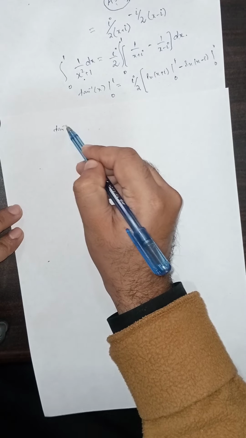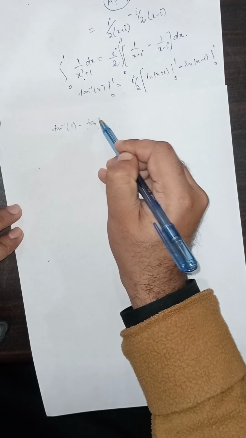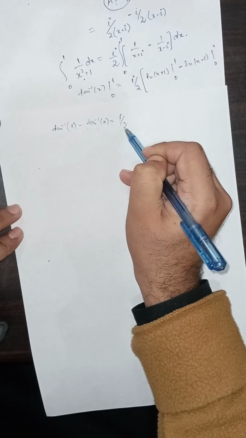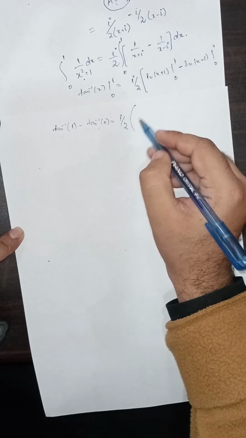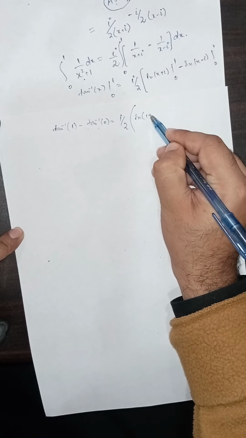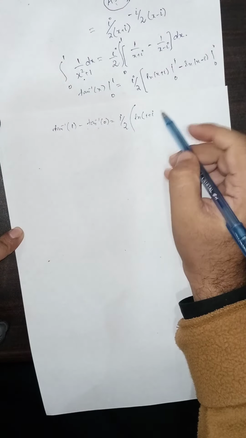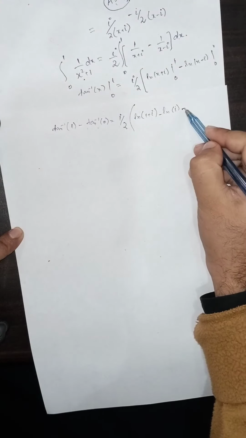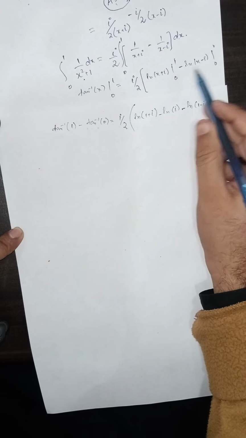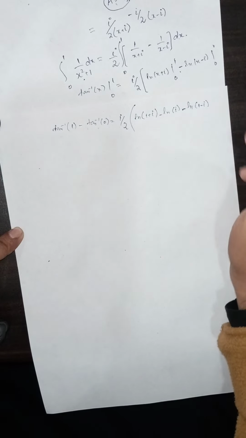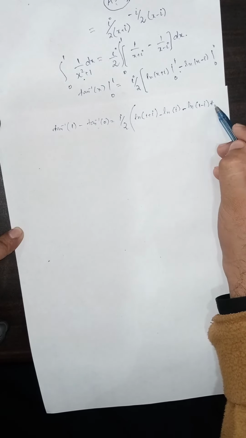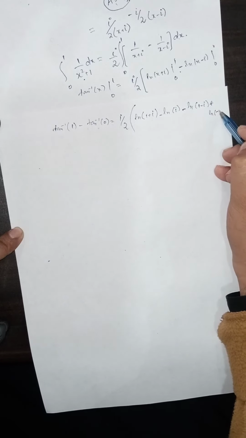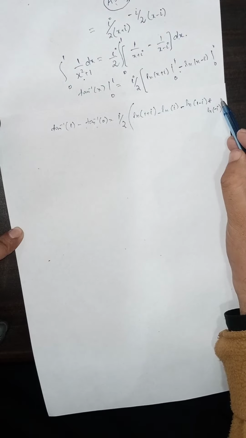It will be equal to tan inverse of 1 minus tan inverse of 0, and i by 2 here in its place, and it will be equal to log of (1 + i) minus log of i, putting 0 in the place of x, minus log of (1 − i) and minus with another minus, it will be plus log of (−i).